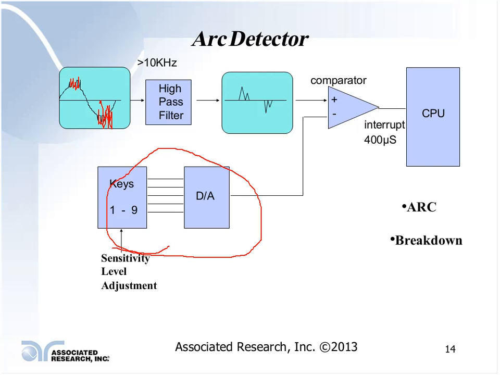So if this was set for 9 and this value exceeded a 2 milliamp peak current level, then it would trip off the comparator and send an interrupt into the CPU. If it went off by itself, it would indicate arc. If it went off and you had an avalanche of current that tripped off the overload, then the CPU output would indicate a breakdown on the display of the instrument.